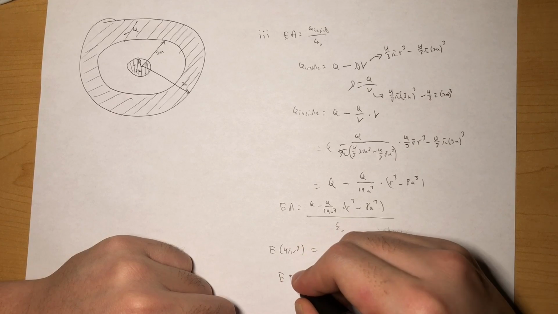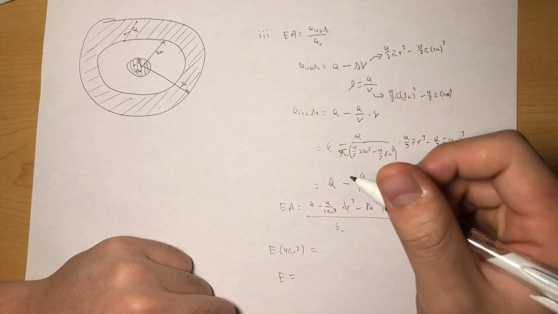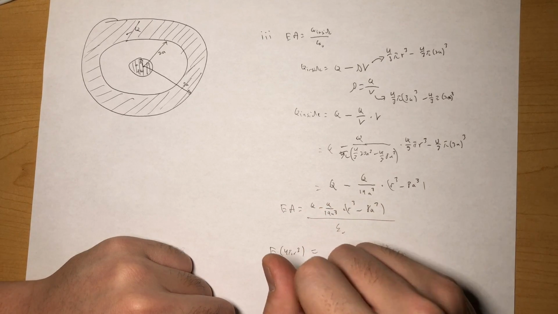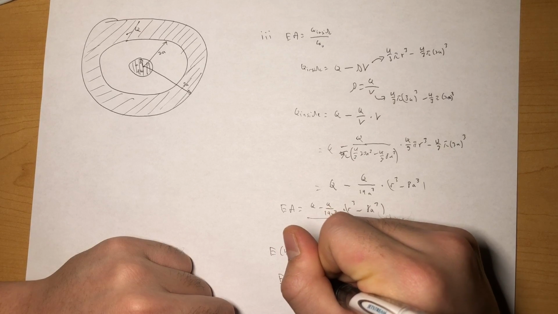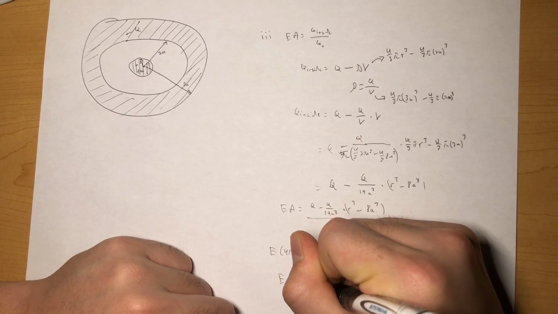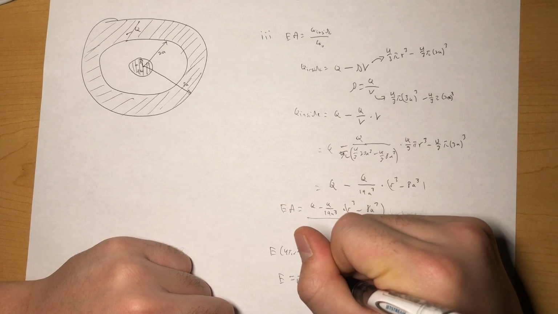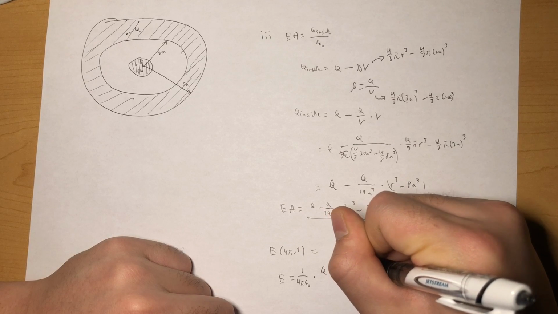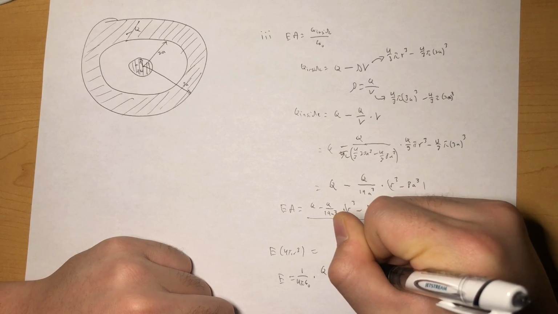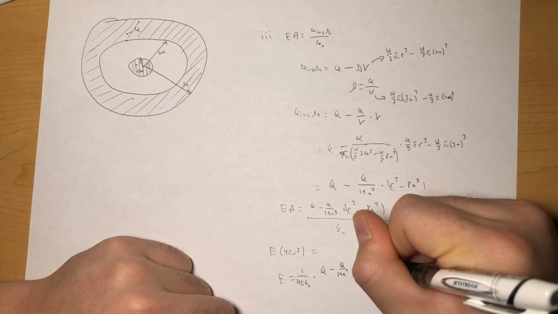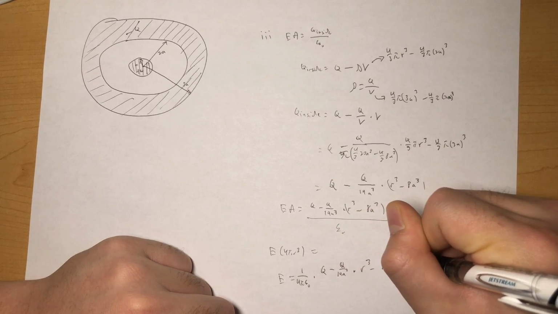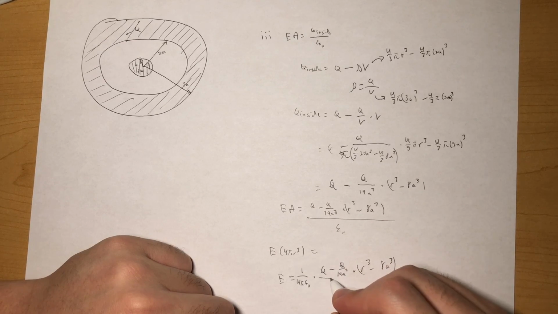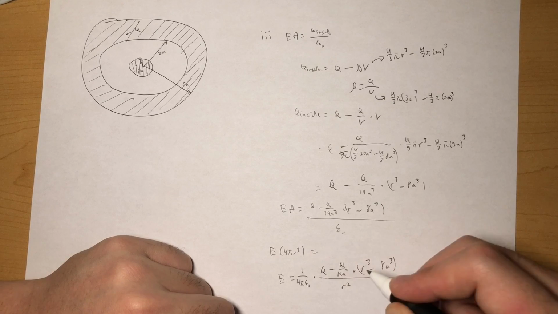So E is equal to 1 over 4 pi epsilon naught times, and this is getting quite hairy, Q minus Q over 19a cubed times (R cubed minus 8a cubed), all over R squared.